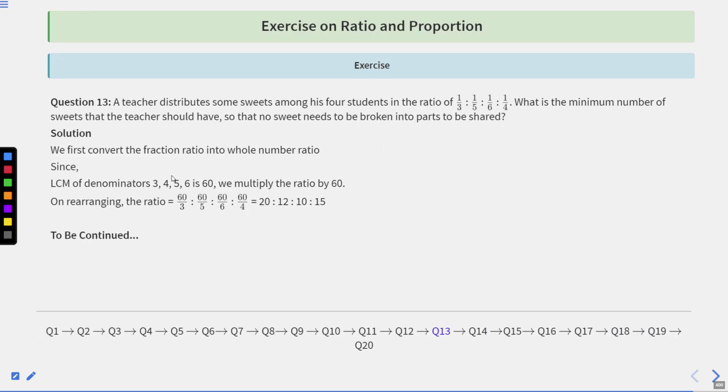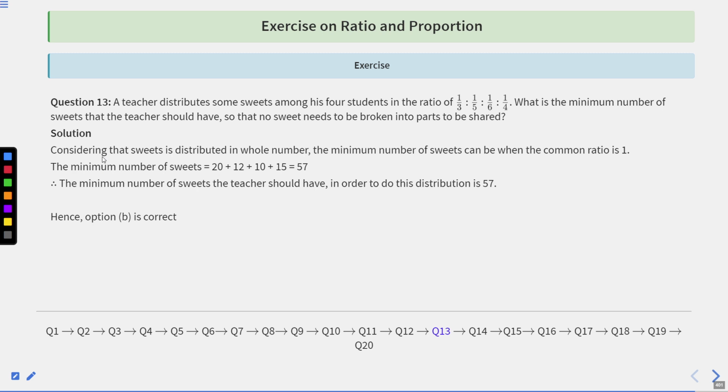So let us first convert the fractions into whole number ratios, because nobody likes fractions. To do that, take the LCM of the denominators, that is LCM of 3, 4, 5, 6, and it will be 60. So when we multiply the ratio by 60, you will get 20 is to 12 is to 10 is to 15.